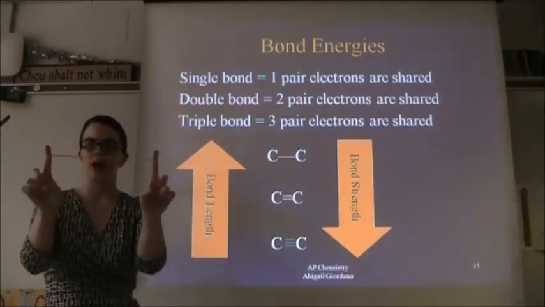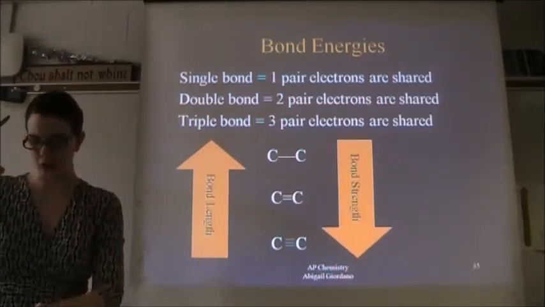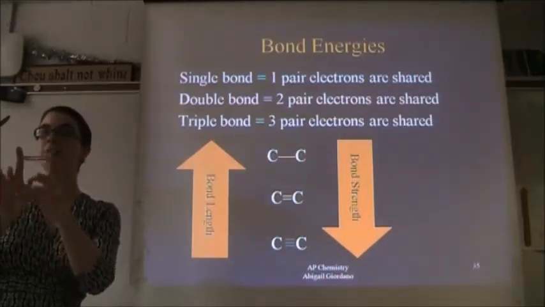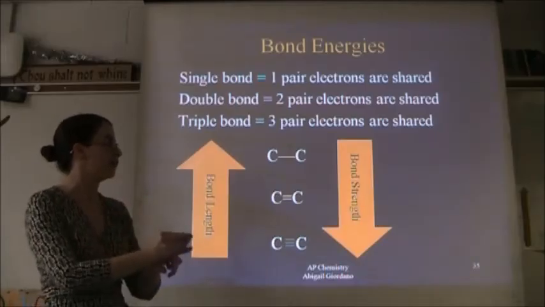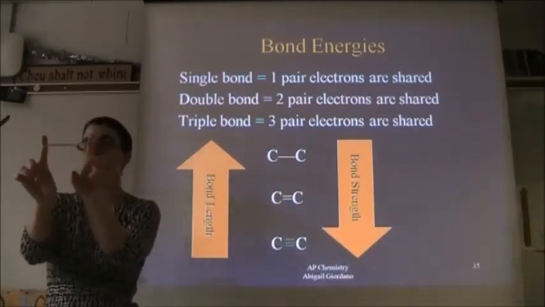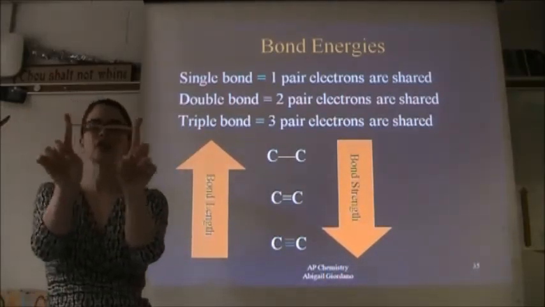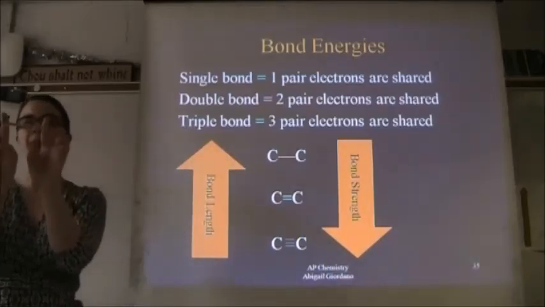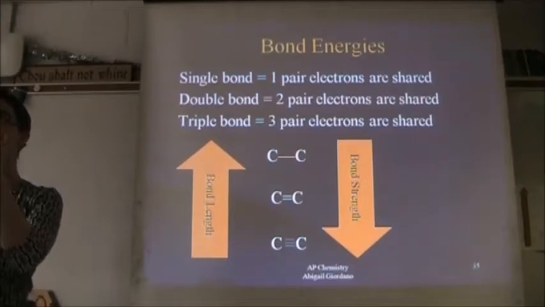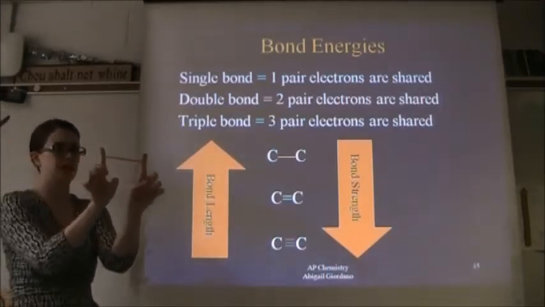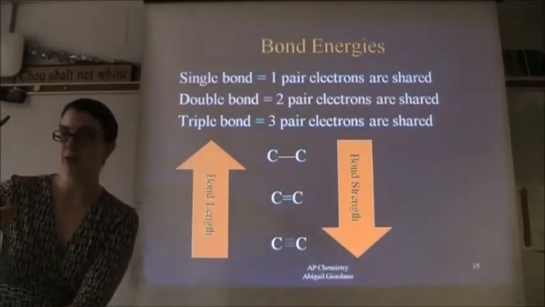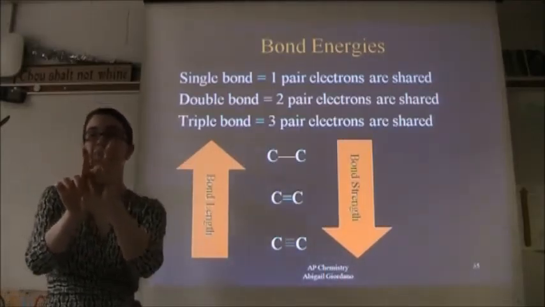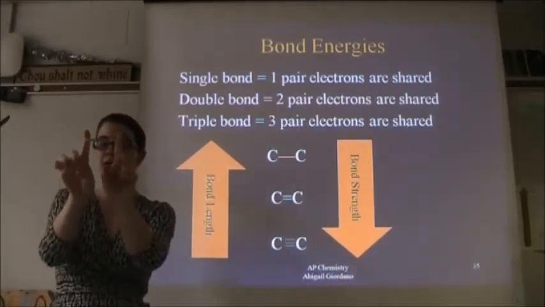Okay. Let's see if I put a second rubber band. Now I'm using this to indicate that I have two shared pairs. I can't stretch my fingers quite as far apart as I did before. And I'm feeling a stronger force pulling here. If I go to 3 rubber bands, 3 shared pairs, I definitely can't pull this as far apart.